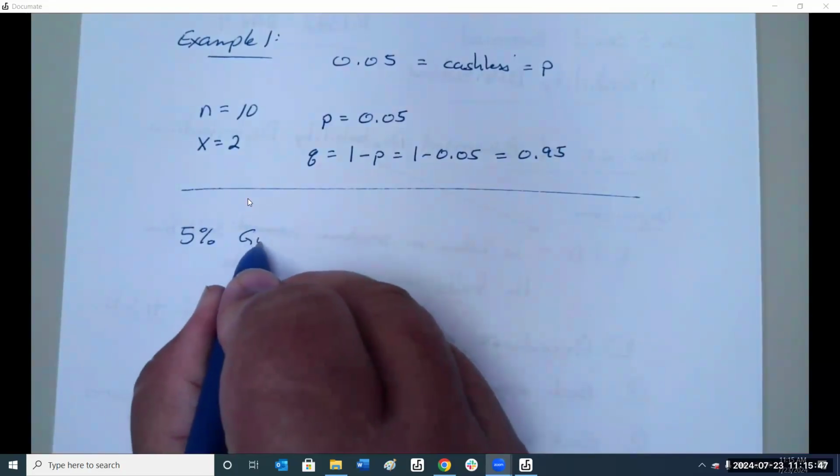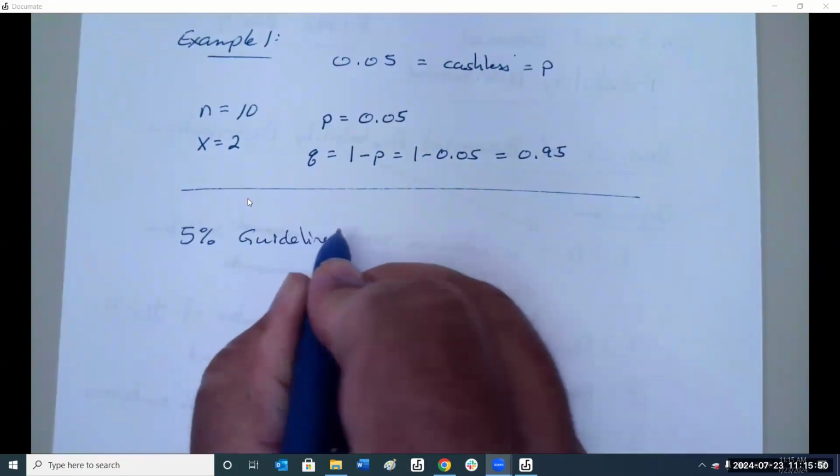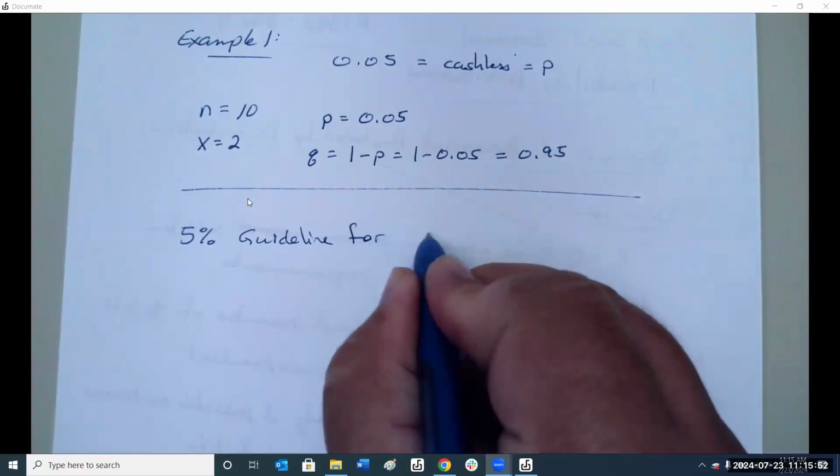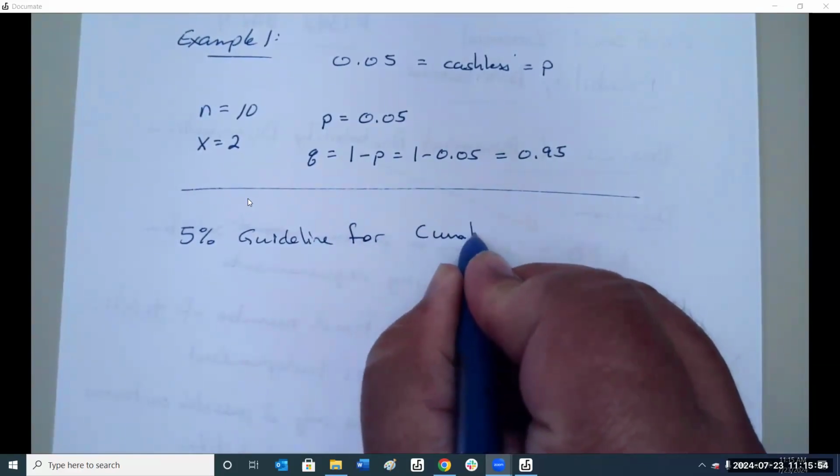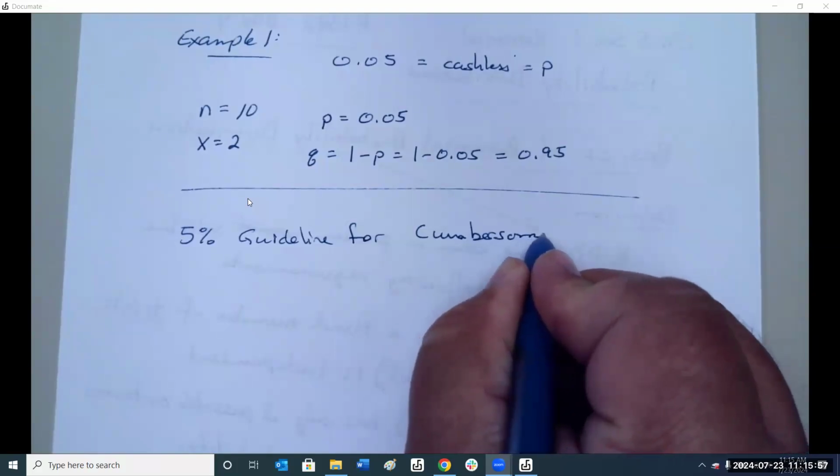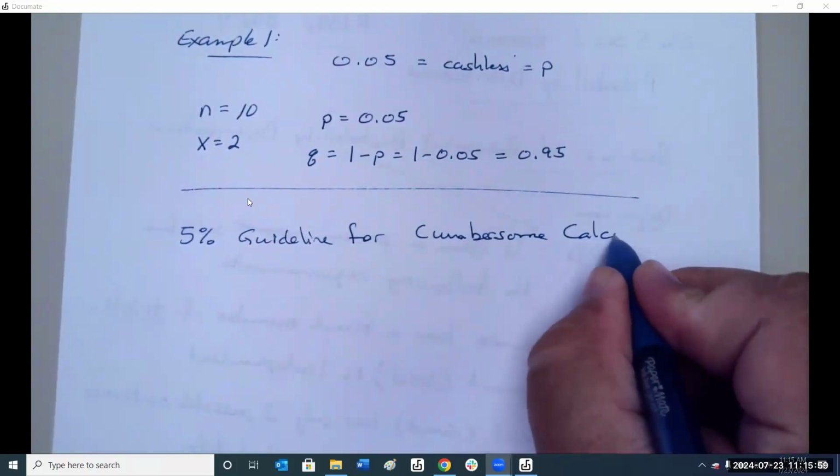5% guideline for cumbersome calculations.